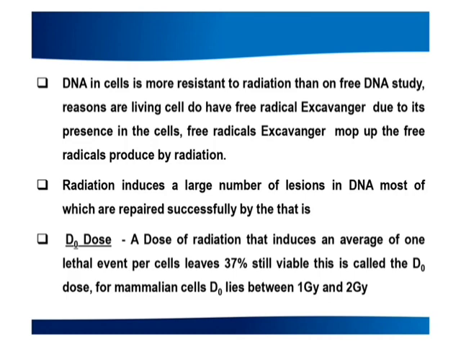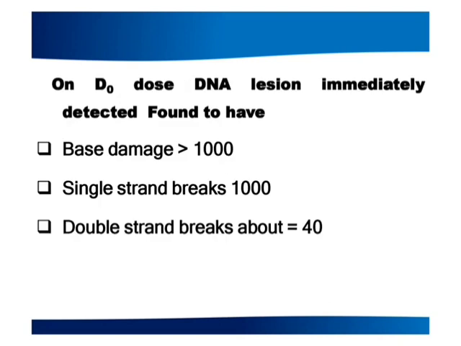So if a 2 to 3 gray dose is given to tumor cells, it will kill the cells, leaving 37% of cells still viable. It means 63% of cells will be killed and 37% of cells will still be alive. That is the concept of dose fractionation, to kill the surviving cells in the further fractions.